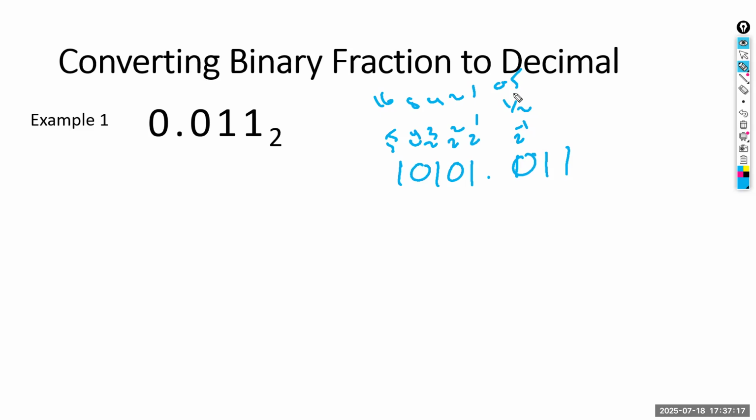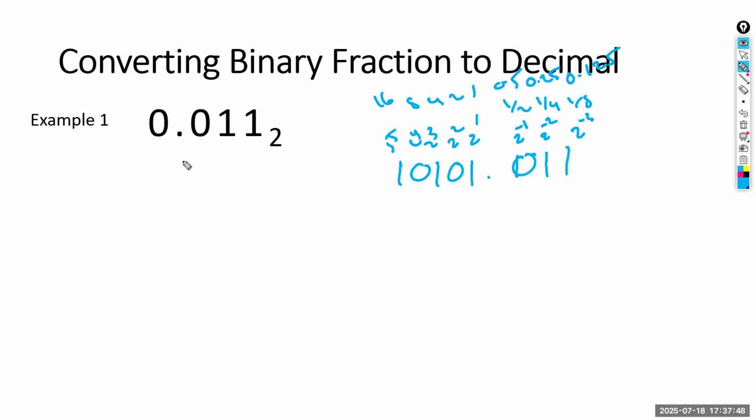This is 2 to the power minus 2 or 1 over 4 or 0.25. It's 2 to the power minus 3 or 1 over 8 or half of this. Now remember, multiply by 2 going this way, divide by 2 going that way. See the patterns. Twice, twice, twice; half of 0.5, half of 0.25. That is 0.125. The next one will be half of 0.125, 0.0625.